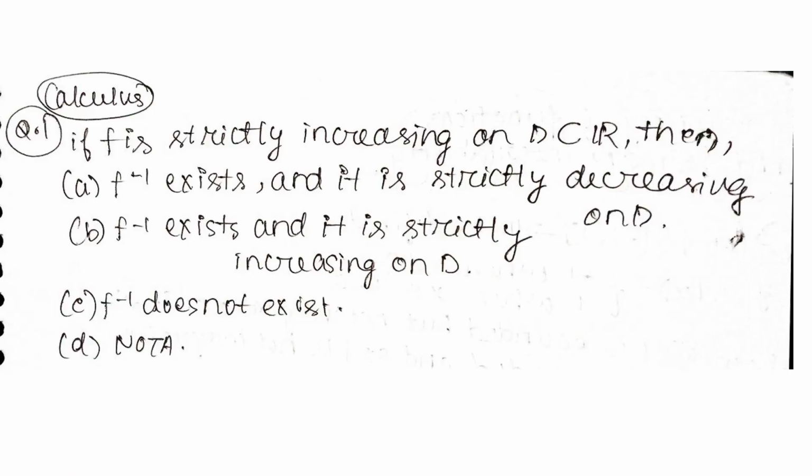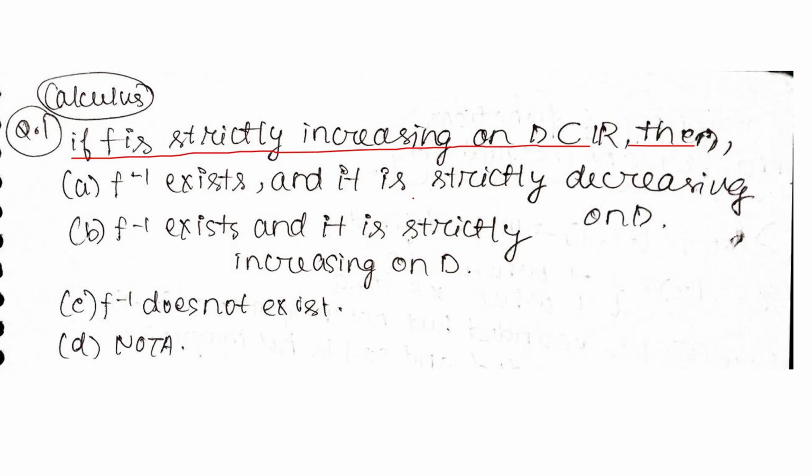Here the question is: if f is strictly increasing on a domain which is a set of real numbers, then it raises questions about the existence of its inverse and how it behaves. Is it decreasing or increasing?